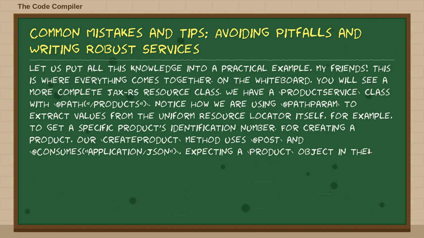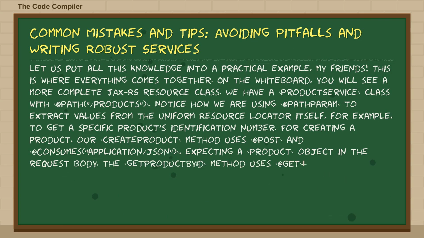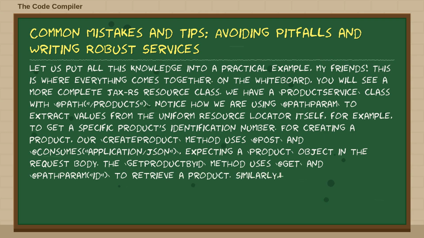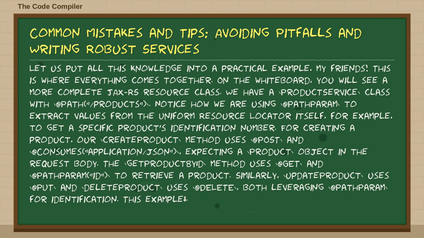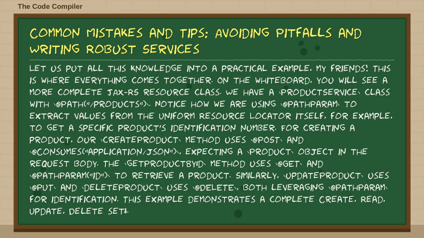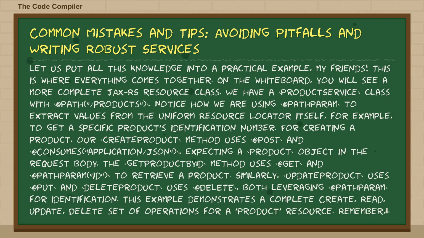The getProductById method uses @GET and @PathParam ID to retrieve a product. Similarly, updateProduct uses @PUT and deleteProduct uses @DELETE, both leveraging @PathParam for identification. This example demonstrates a complete create, read, update, delete set of operations for a product resource.